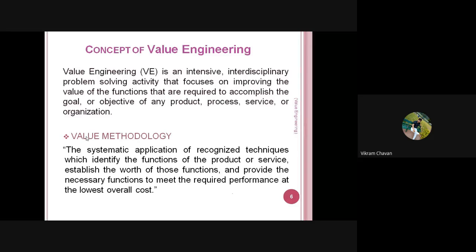that focuses on improving the value of the functions that are required to accomplish the goal or objective of any product, process, service or organization.